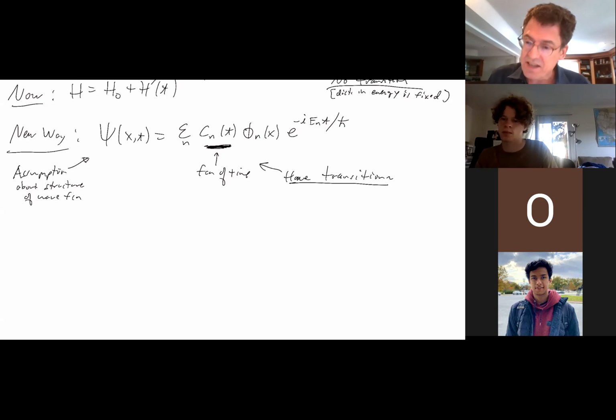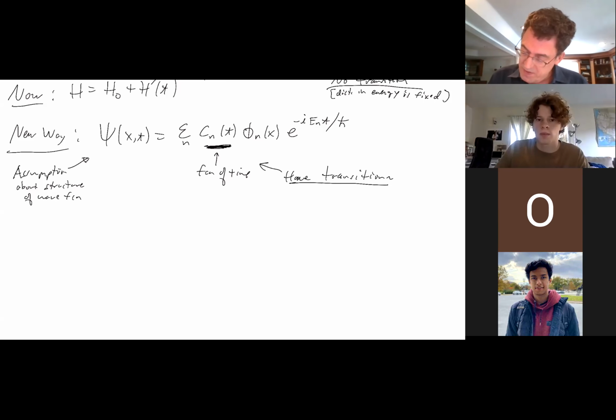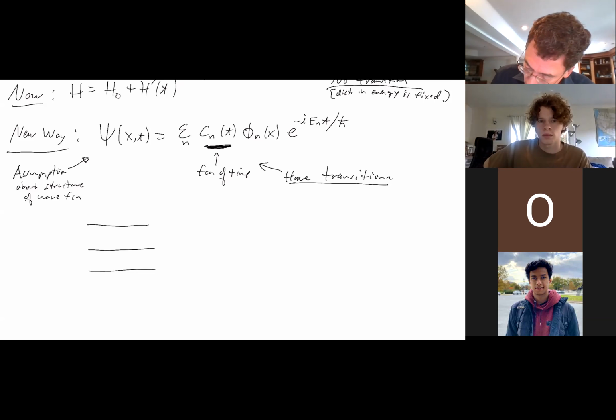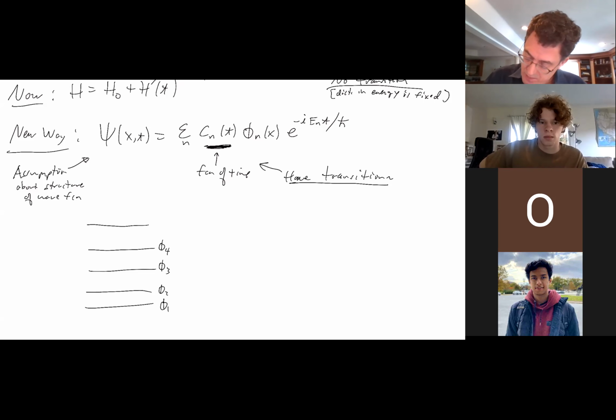This thing c_n of t, because this is the way you have to picture it in your mind. I have levels. These are the levels of phi 1, phi 2, phi 3, phi 4. These are the unperturbed states.